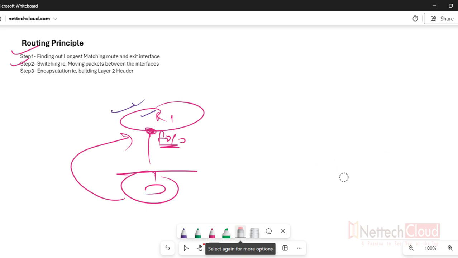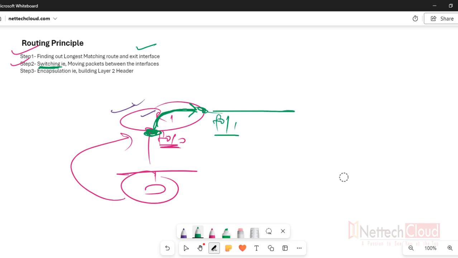So the exit interface is determined now. Okay, so what happens now, the packet is moved, which is known as switching between both interfaces, right? So now the packet goes to the exit interface, and the exit interface here is F0/1. So what happens here, the packet is moved.